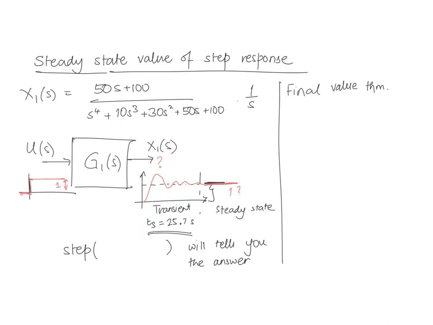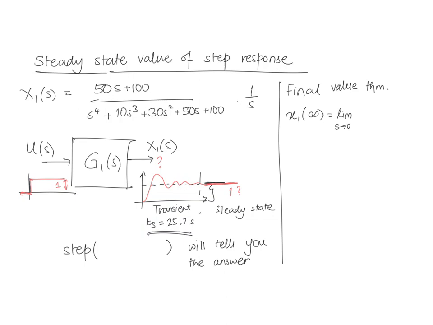The final value theorem says that in this case the value of x1 at infinity, which is the steady state value, at time t equals infinity, this is small x1, the time domain value of it, is equal to the limit as s tends to 0.